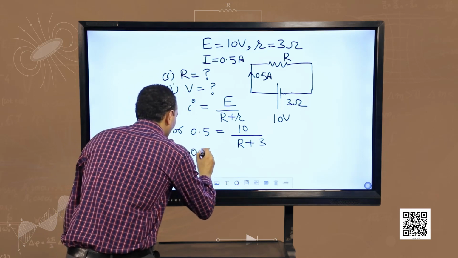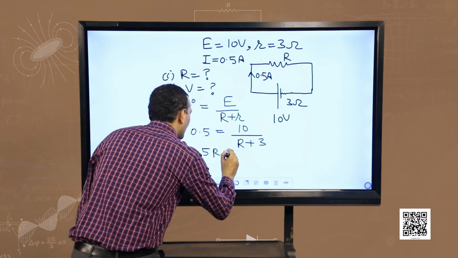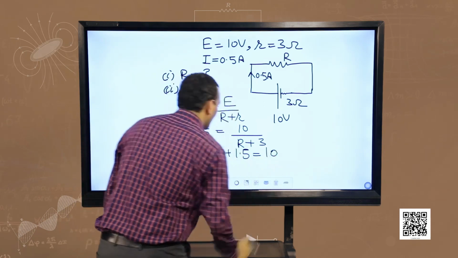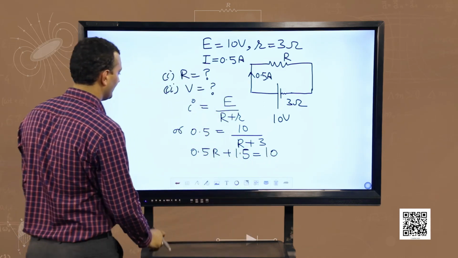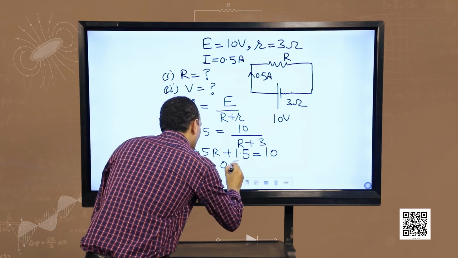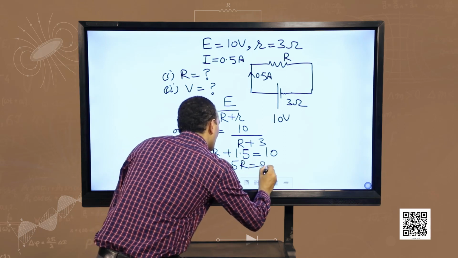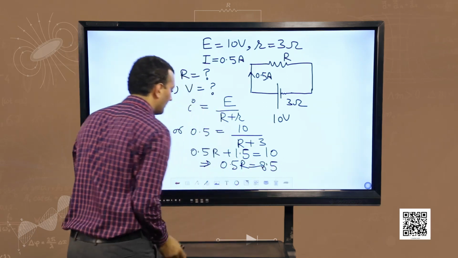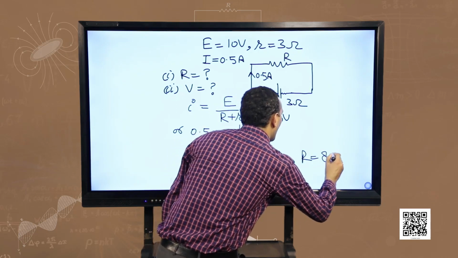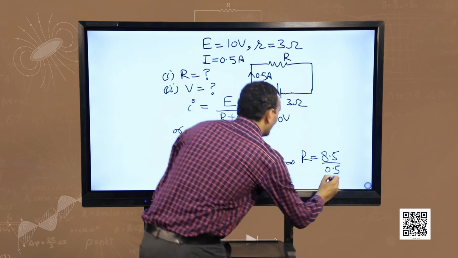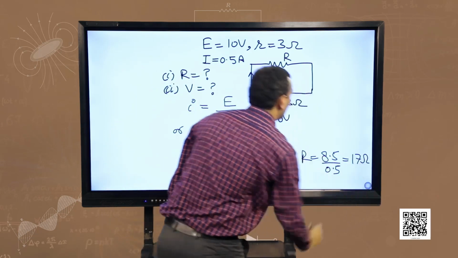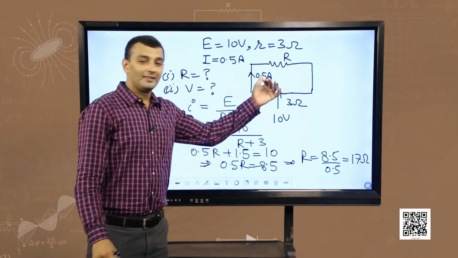By cross multiplying it, we can reach this expression, and by taking 0.5 on the other side, it becomes 8.5, which gives the value of R as 17 ohm. So, the resistance R is 17 ohm.